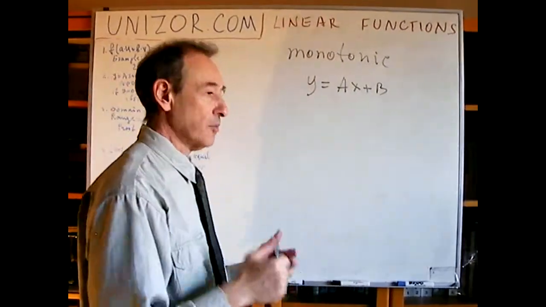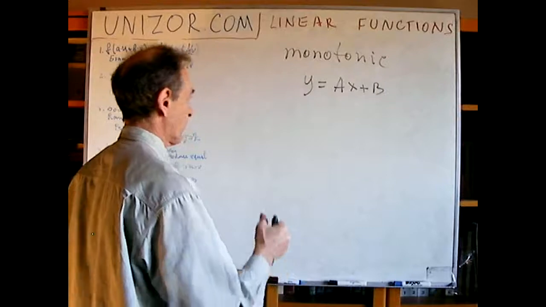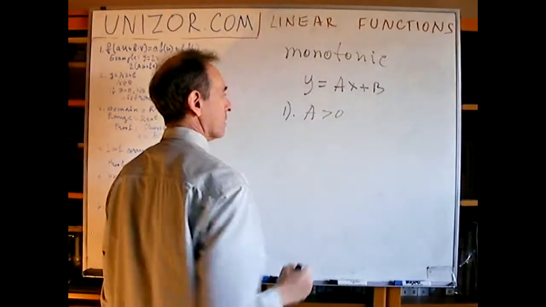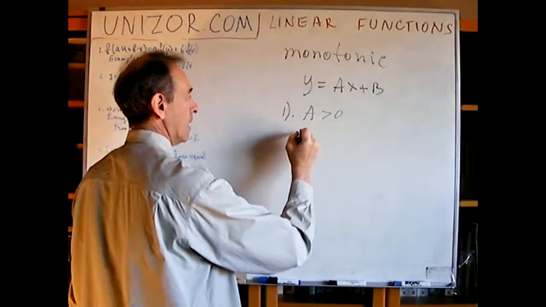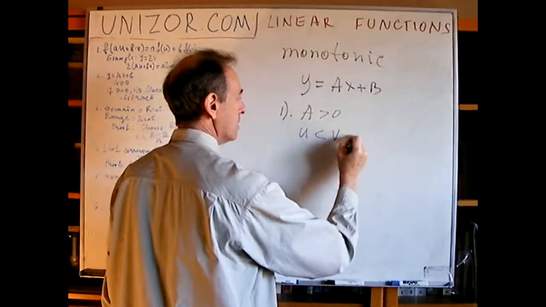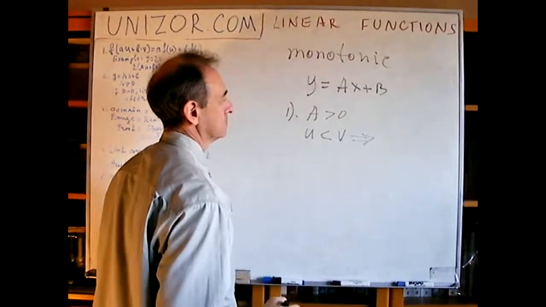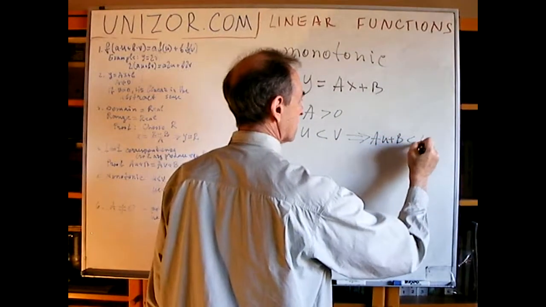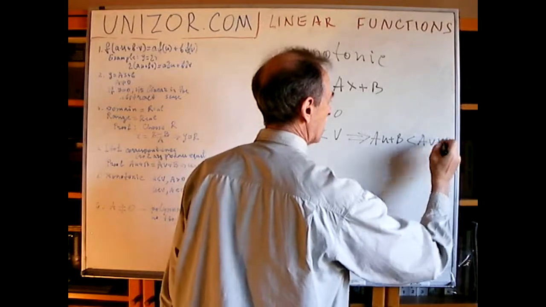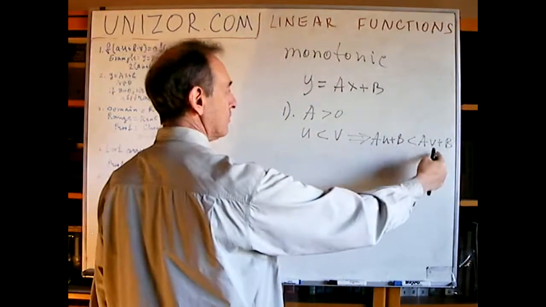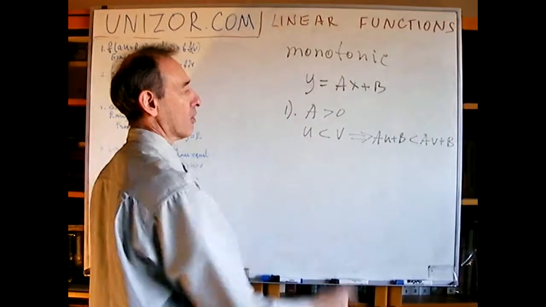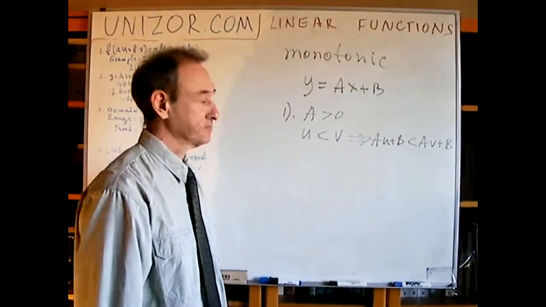More precisely, first, case a greater than 0. Then, if u less than v, then au plus b less than av plus b. So the value of the function would be greater if the value of the argument is greater.